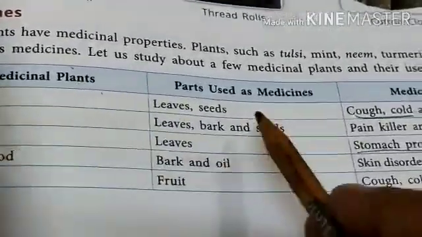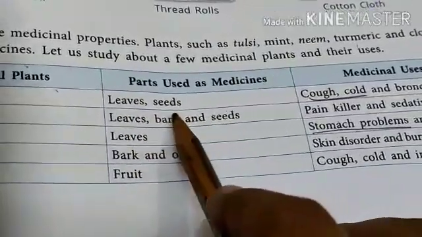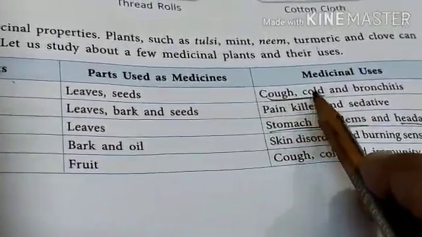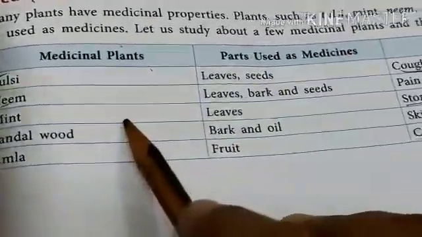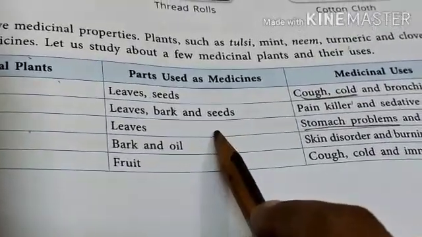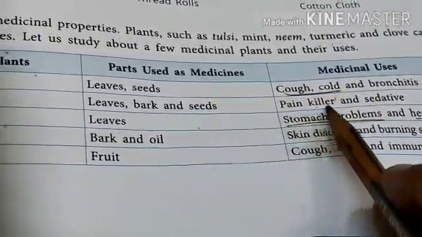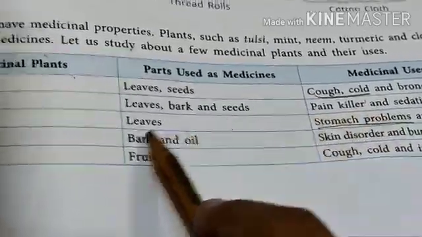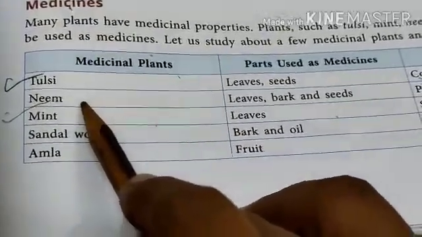Tulsi. We use the leaves and seeds and they give us relief when we have cough and cold. Then neem, we use the leaves, bark and seeds when we have any pain or injury. We apply the neem paste.